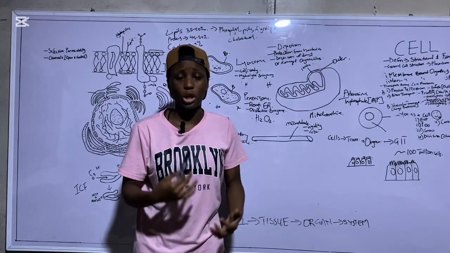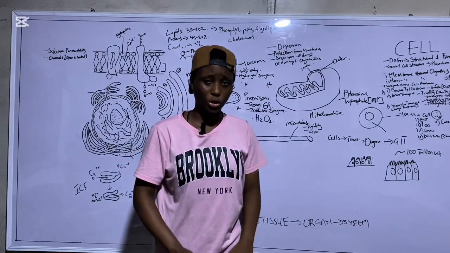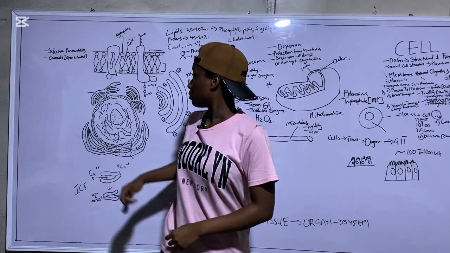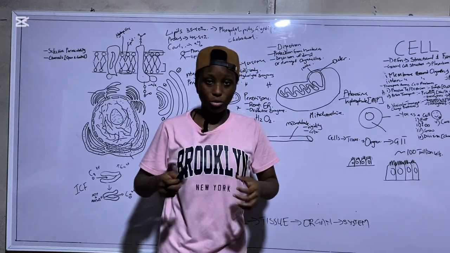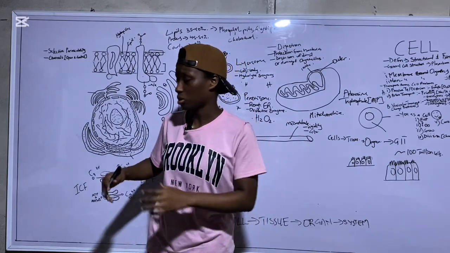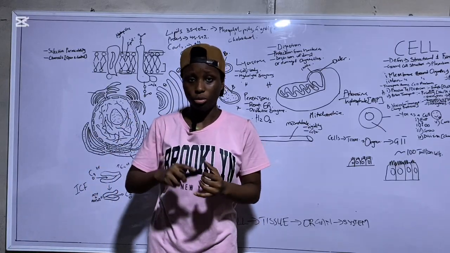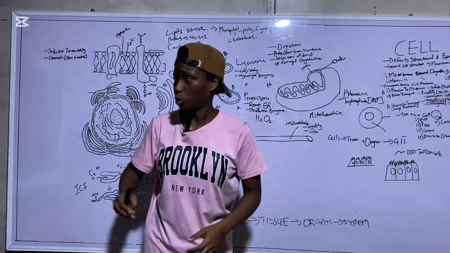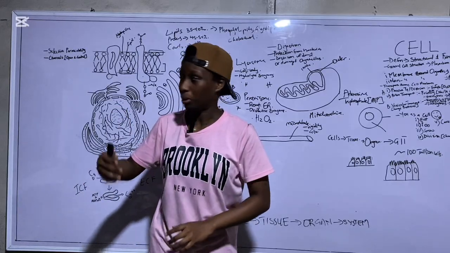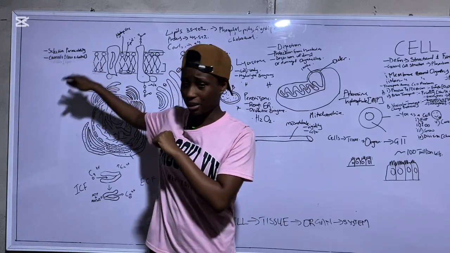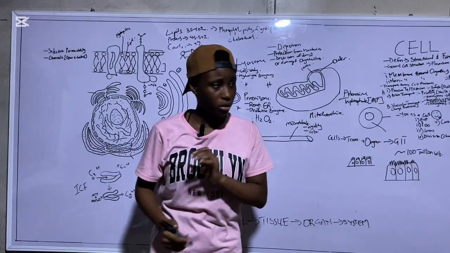There are different ways of transport across the cell membrane, and if you stay to the end of this video, you will see them. It also gives rigidity. It has so many functions, this cell membrane. Just remember, number one, it encloses the cell. Number two, protection from outside. Number three, selective permeability. Great.